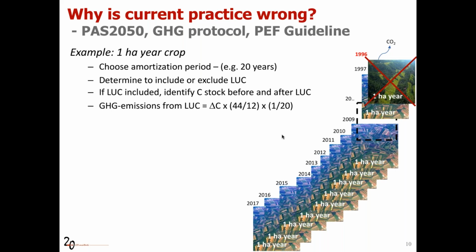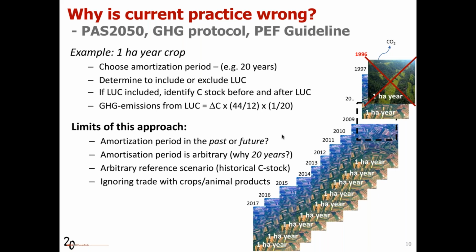If land use change is included, then the practice is to identify the change in carbon stock before and after the land use change occurred in a determined period of years, as we said, for example 20. And then, based on the delta carbon stock, the greenhouse gas emissions are calculated, as shown in the formula.